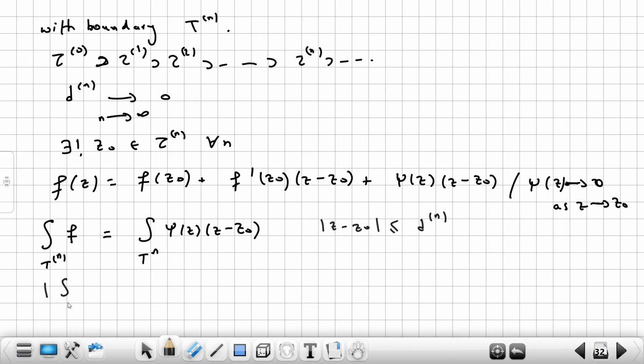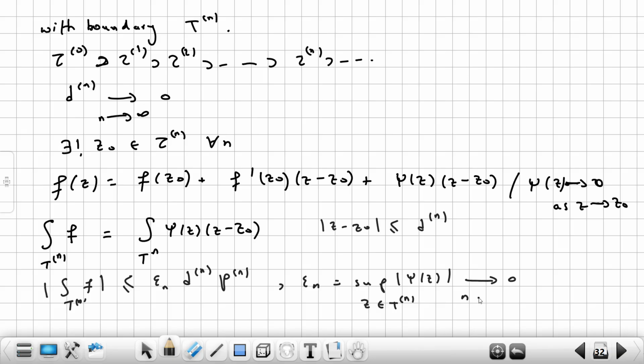Then the modulus of the integral over tn of f is less than or equal to epsilon n times dn times pn, where epsilon n is equal to the sup of the modulus of psi z, z belonging to tn. So epsilon n is a constant depending on psi and n, of course, and tends to 0 as n approaches infinity.